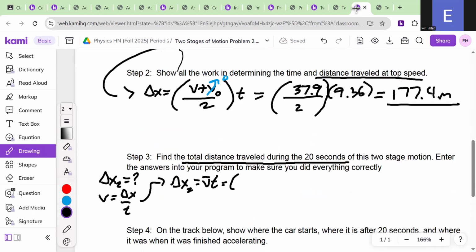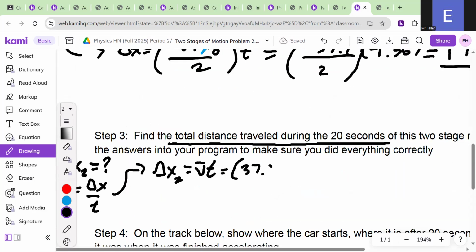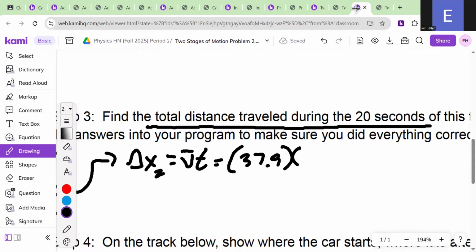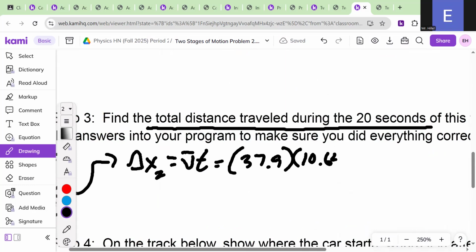That's your 37.9 times the time for part 2, which in my case was 10.64. 37.9 times 10.64. I'm getting about 403.3.